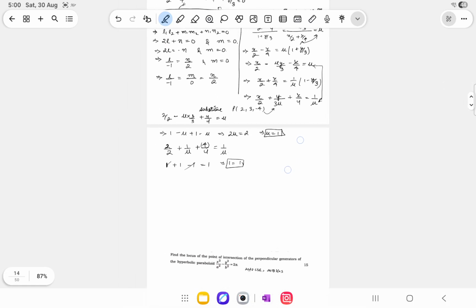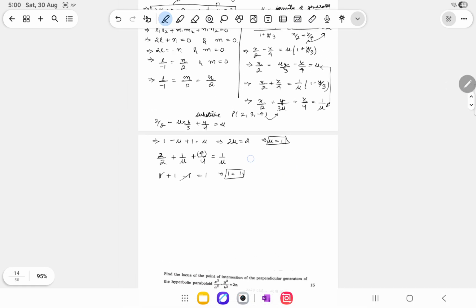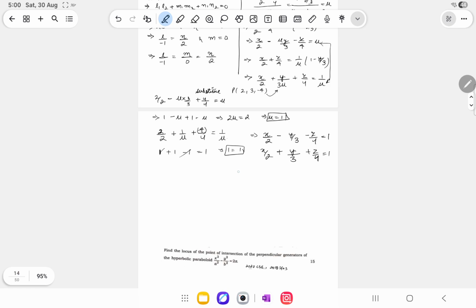So the equations of planes I got are x by 2 minus y by 3 minus z by 4 is equal to 1, and the other one is x by 2 plus y by 3 plus z by 4 is equal to 1. Now let us assume that l dash, m dash, n dash are the direction cosines of the intersecting lines.